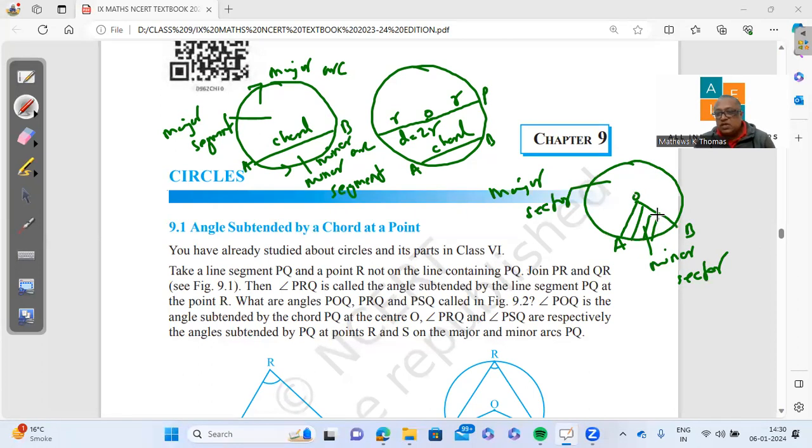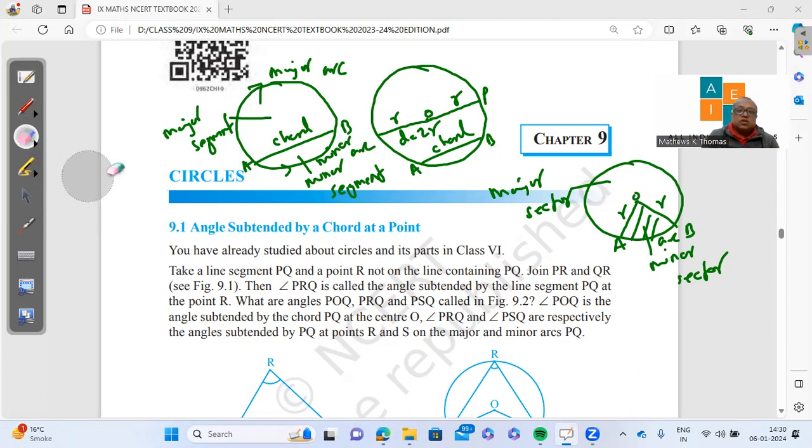And here the sector is the region between the arc and the two radii, OA and OB, right? So this is the minor sector and major sector.